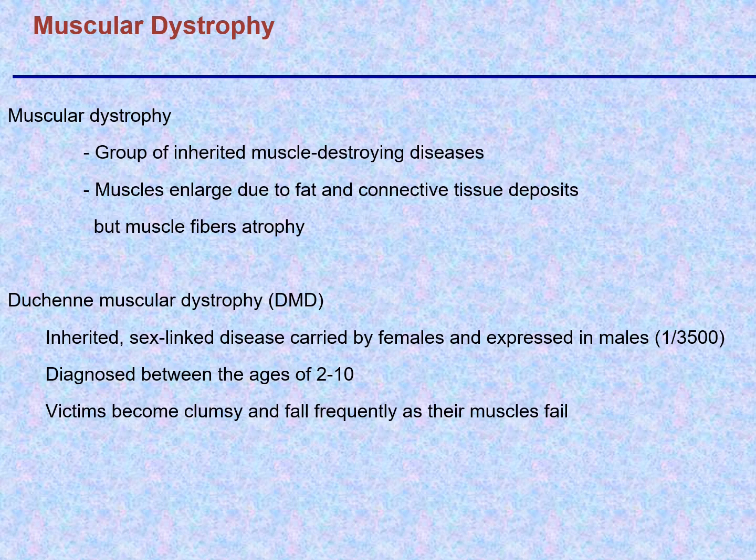It's a sex-linked disease carried by females, expressed in males, and usually diagnosed at a fairly early age. And the end result, of course, because it affects the muscle, is that it seriously affects the individual who carries this and expresses this genetic trait.